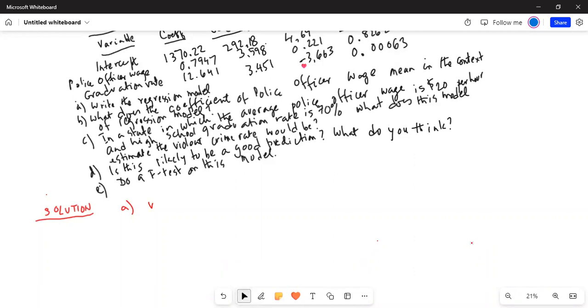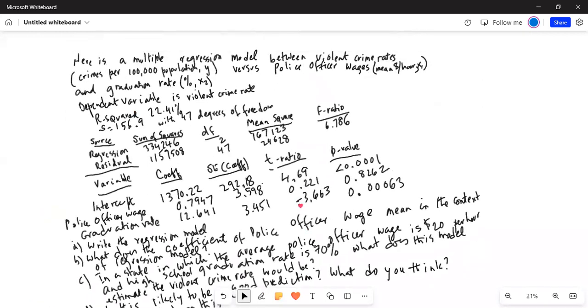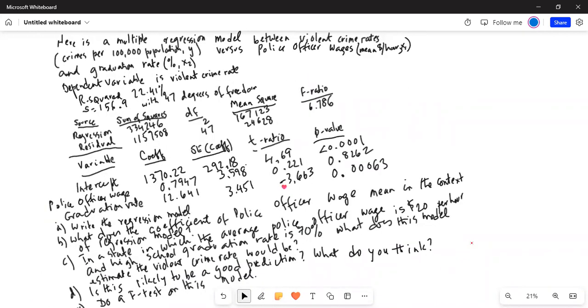So if I move this a little bit down, here is a multiple regression model between violent crime rates, crimes per 100,000 population, which is Y, versus police officer wages in mean dollars per hour, which is X1, and graduation rate percent, which is X2. Dependent variable is violent crime rate. S, standard deviation of the error, is 156.9 with 47 degrees of freedom.